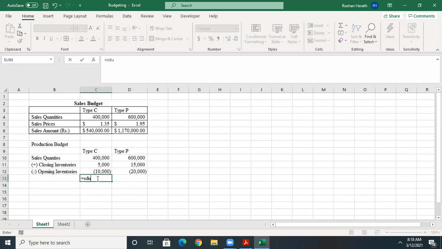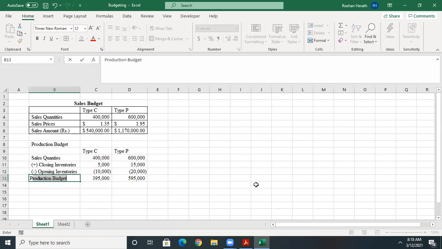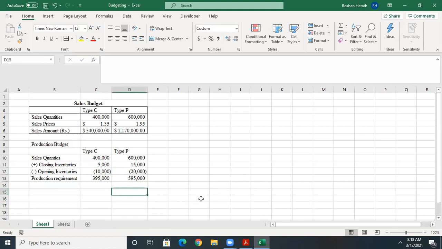Then you can just identify the production requirement. Here it comes: you need to produce 395,000 units from product C and 595,000 units from product P. If you have any questions in the meantime, you better ask and get them clarified then and there.